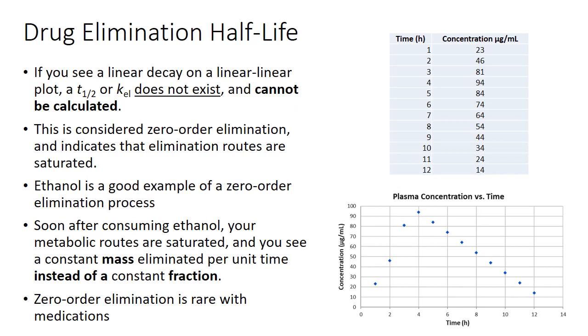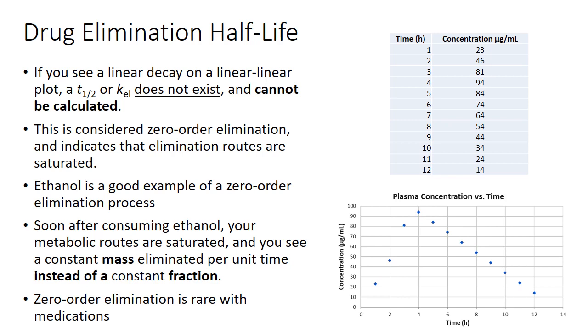Okay, so if you see a linear decay on a linear plot, a half-life, or KEL, does not exist and cannot be calculated. So let's look at this: 10, 20, 30, 40, 50. This is linear, right? It's going up by the same amount for an equal distance, and the bottom is linear. If you have a flat line for the elimination phase on a linear plot like this, that means there is no such thing as a half-life or a KEL.